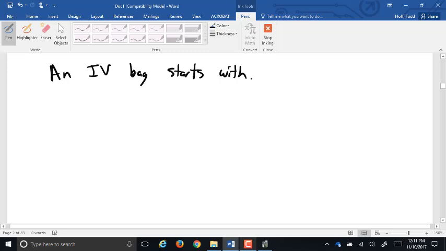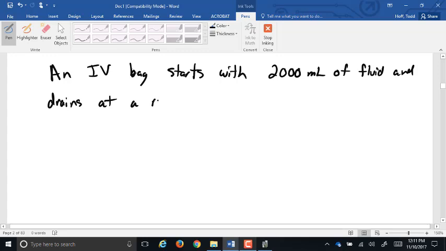An IV bag starts with 2,000 milliliters of fluid and drains, I know it's a bad term, at a rate of 500 milliliters every 2 hours.